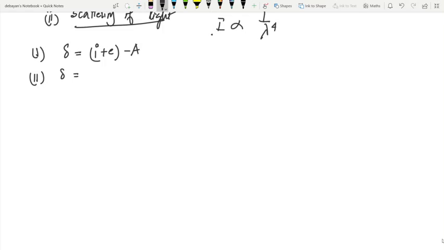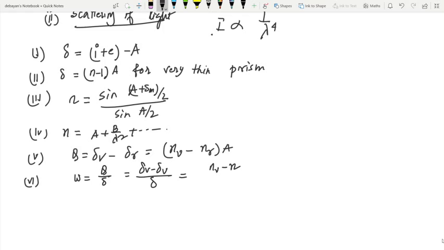Then there is the dispersion of light, and Cauchy's formula, n equals a plus b by lambda square, which is the cause of dispersion. Then angular dispersion is the deviation of violet light minus the deviation of red light, or you can represent it as the refractive index of violet minus the refractive index of red, into A. Then dispersive power is theta by the mean deviation, that is, theta by delta. Otherwise, in terms of refractive index, it is the refractive index of violet minus the refractive index of red, divided by n minus 1, where n is the refractive index for yellow.